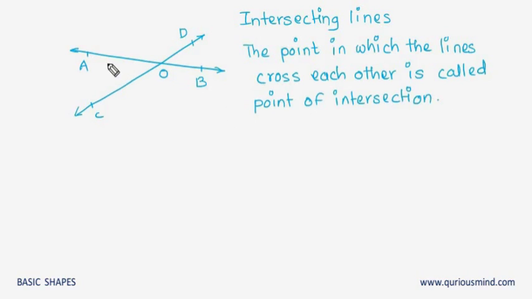We can also see that the distance between these 2 lines is this much here. As we go close to the point of intersection, the distance reduces and it becomes 0 at the point of intersection. So for intersecting lines, the distance between them keeps on changing.